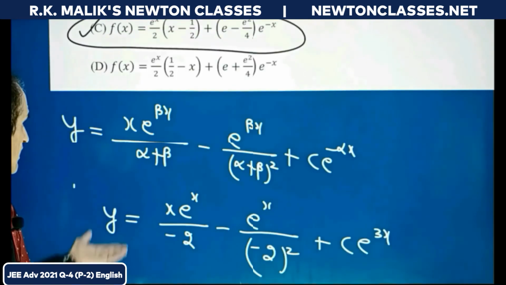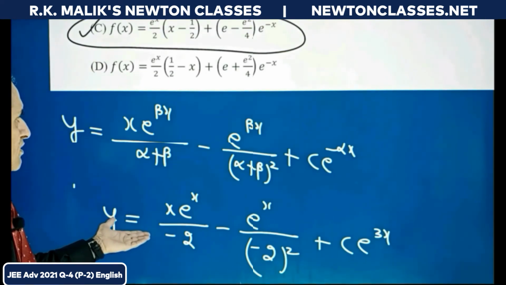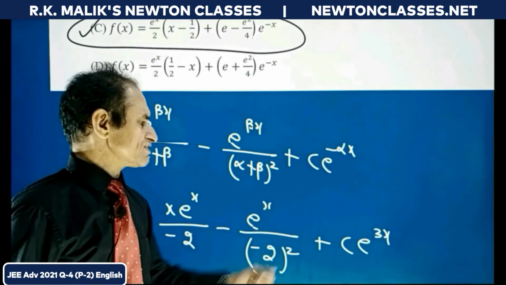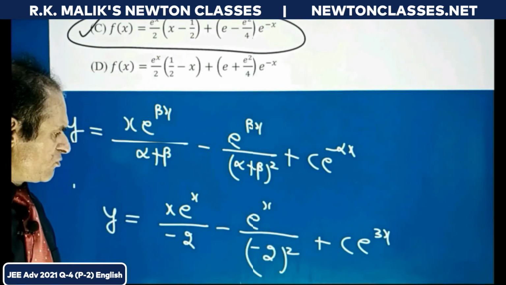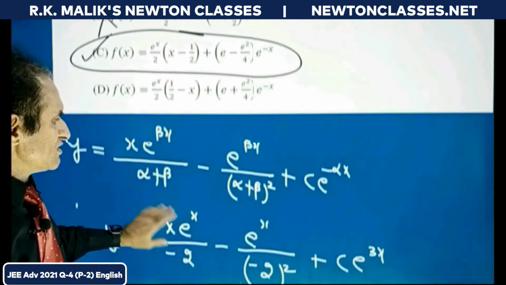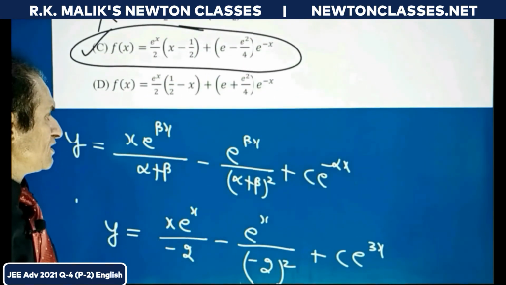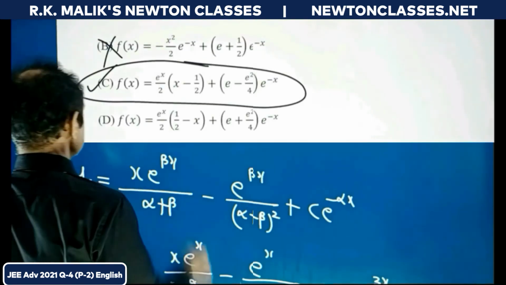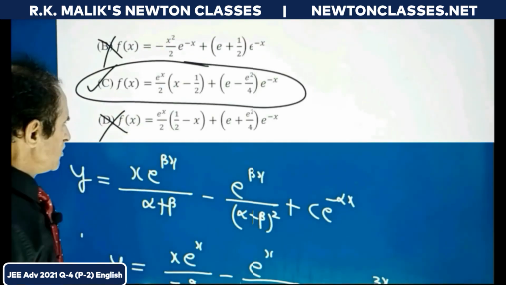And it is clear from here, this and this can never be same, whatever the value of c we get after taking this initial condition, because c is simply a constant. Therefore, this can never match with this. Hence, D is wrong choice.